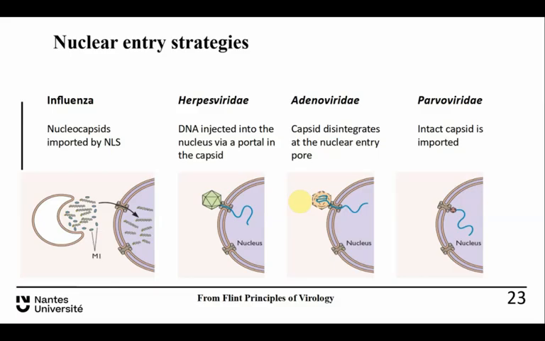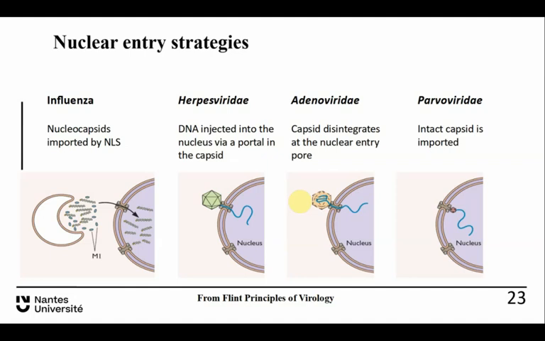The nuclear entry pore is also a barrier. It's selective, it doesn't let just anything in or out of the nucleus. So every virus that replicates in the nucleus has got to have a strategy and a mechanism to get into the nucleus. Influenza virus is an exception among RNA viruses. The replication occurs in the nucleus.